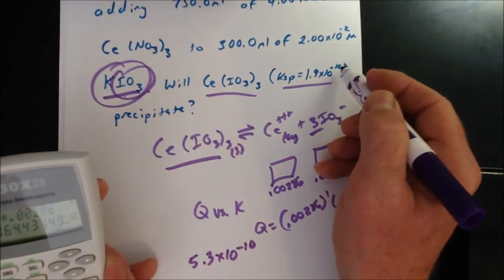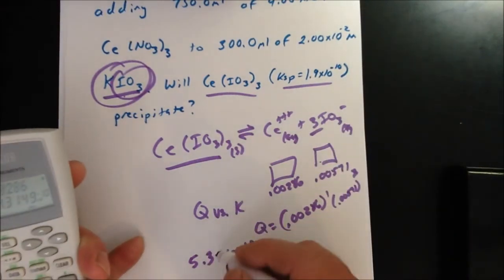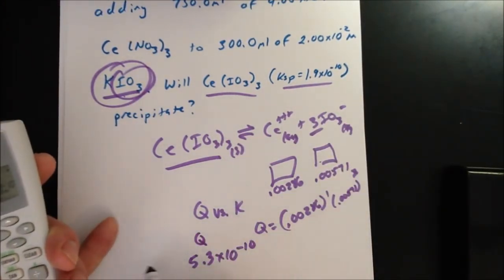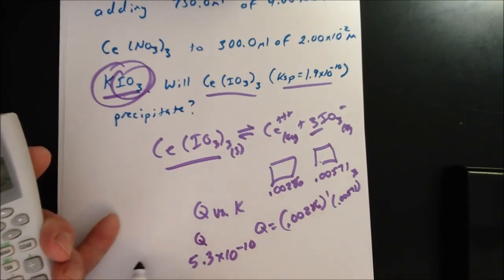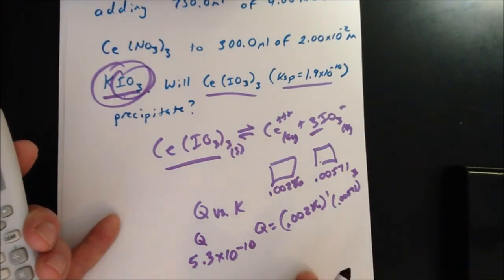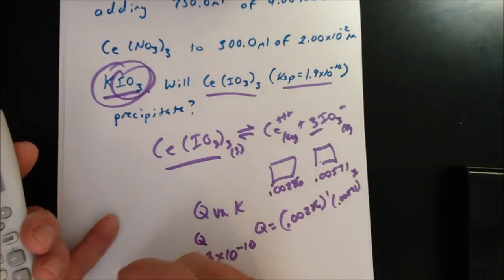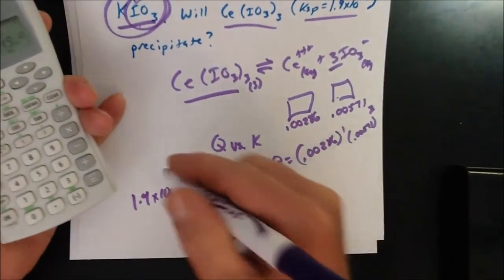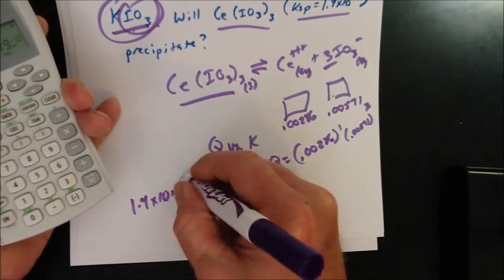It's close, same exponent. I like to do Q and K this way. I write my Q down. I'm going to write my K down wherever it is. Is it smaller on the left or bigger on the right? My K is smaller, so 1.9 times 10 to the negative 10.